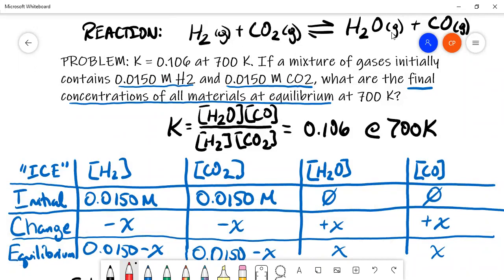If there's a coefficient in the chemical equation, I'd need to put a 2 or 3 in correspondingly. I'll do another example here in a bit that drives that home a little bit more. We started with 0.0150 molar concentration of H2 and 0.0150 molar concentration of CO2. And with nothing mentioned in the problem about H2O concentration or CO concentration, we presume those concentrations were zero.